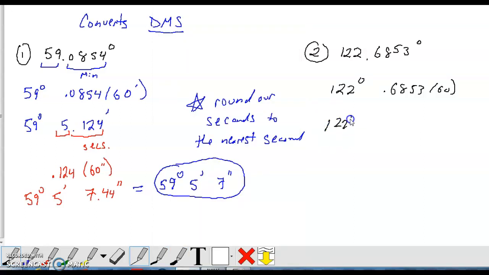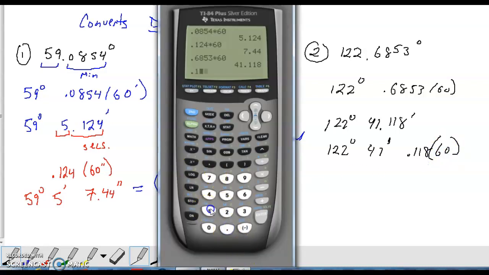So 122 degrees, 41.118 minutes. Again, what am I going to do? I'm going to take the 41 minutes, and I'm going to multiply 0.118 again by 60. So 0.118 times 60, and we're going to get 7.02.